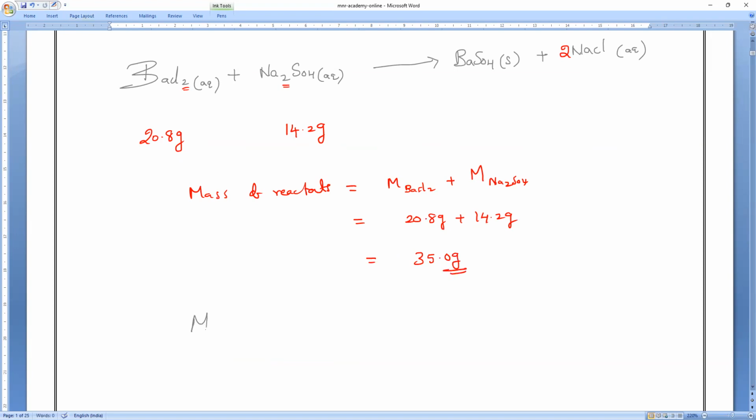Next, mass of products. Mass of products equals mass of barium sulfate plus mass of NaCl. So which equals 23.3 grams plus 11.7 grams.